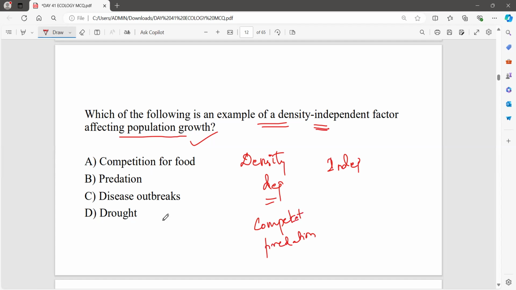If there is an increase in population, definitely the competition also gets higher. In case of a density independent factor, it affects the birth rate and death rate, like abiotic factors, like forest fire, any disaster, natural calamity like that.